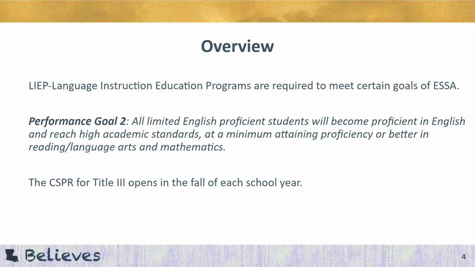So ESSA has different performance goals. And the big one, the reason why Title III is reported out separately and on its own, is that it is addressing performance goal 2. And that is that all limited English proficient students, which is interesting because for the most part, the federal government has removed the term LEP from most of their literature and has encouraged all of us to do the same.